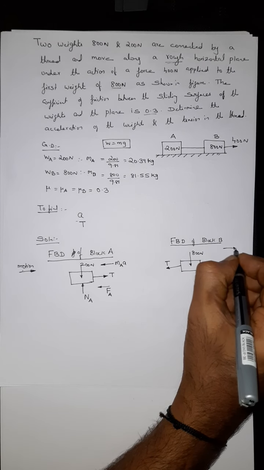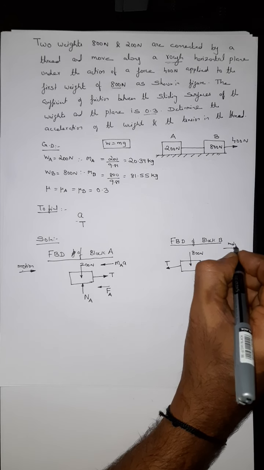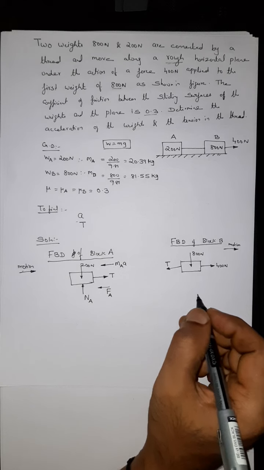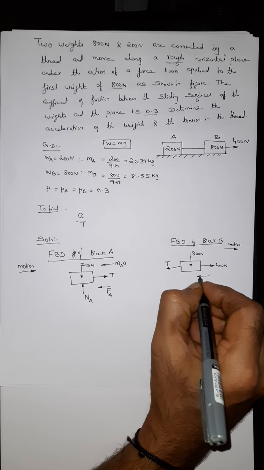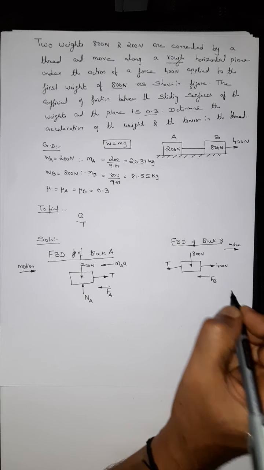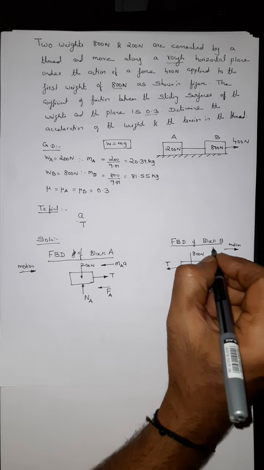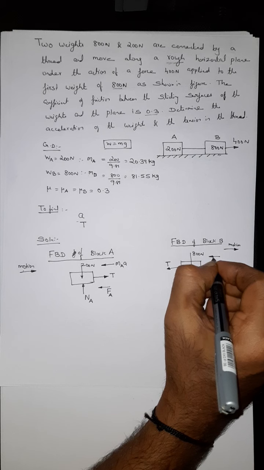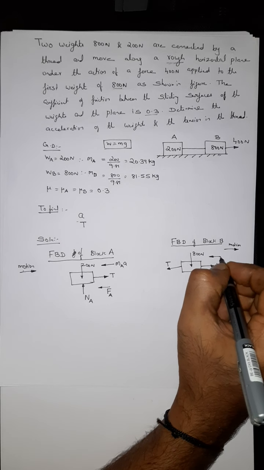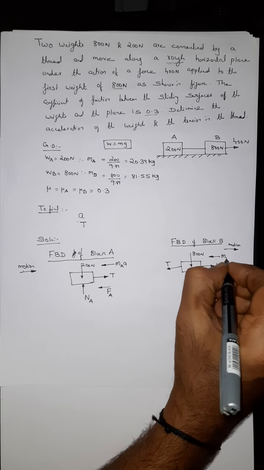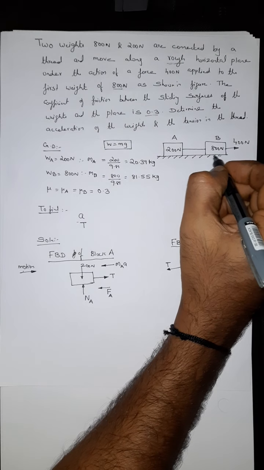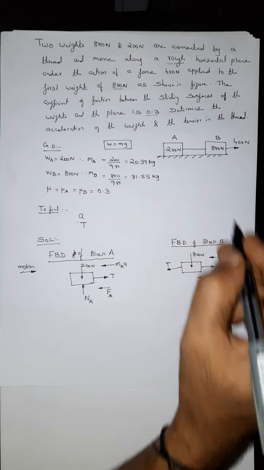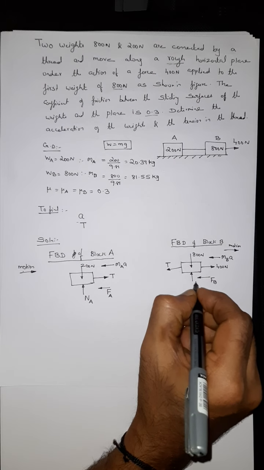The motion is in the right hand direction, the positive x axis direction. Therefore, its friction will act in the opposite direction, and its inertia force will act in the opposite direction of the motion, which can be mentioned as MB and A. These two surfaces are in contact, the plane and the block, therefore this is a normal reaction.